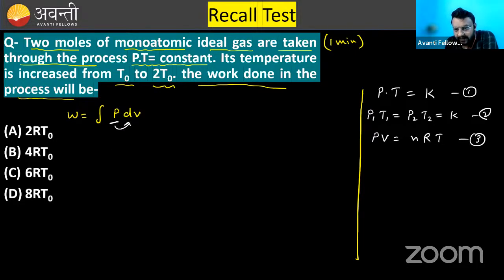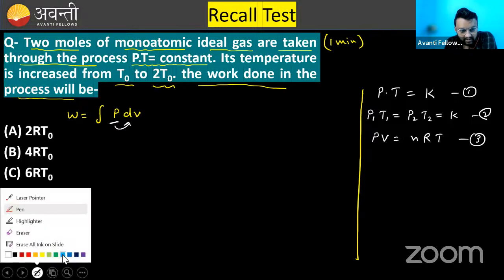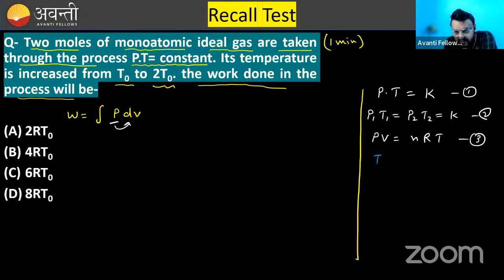So from here, can you see that T is equal to PV over nR? Is it clear? T is equal to PV over nR from this equation.